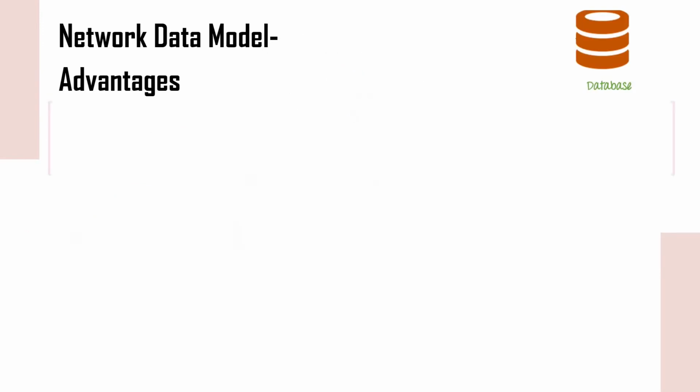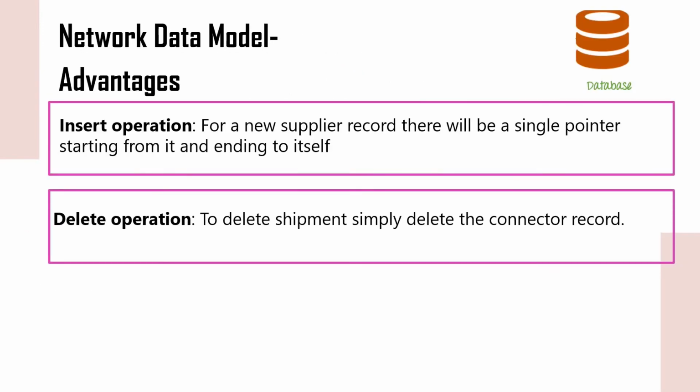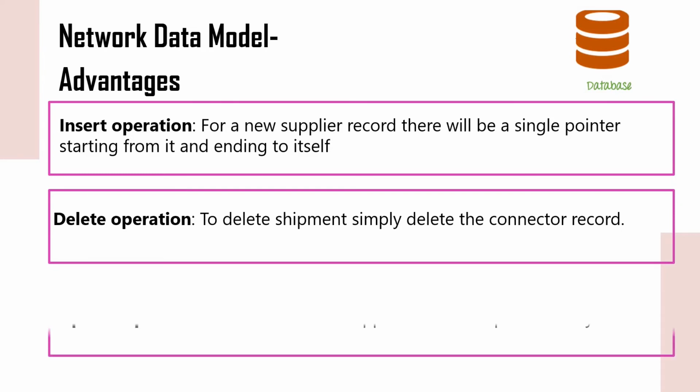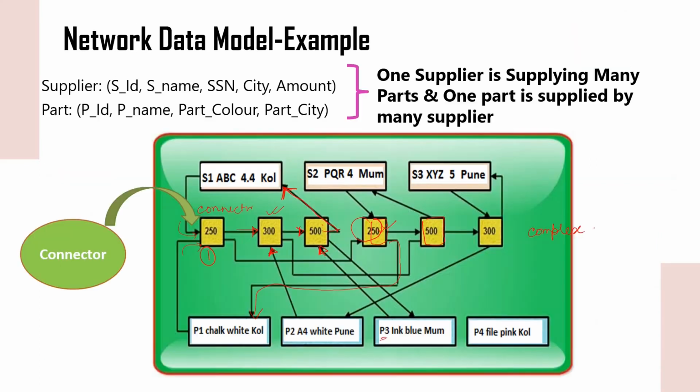Let's understand first its advantages. The first advantage is the insert operation for a new supplier record, where there will be a single pointer. Suppose I want to insert a new supplier record in the database. There is no connector record existing, because that new supplier has not supplied any parts.